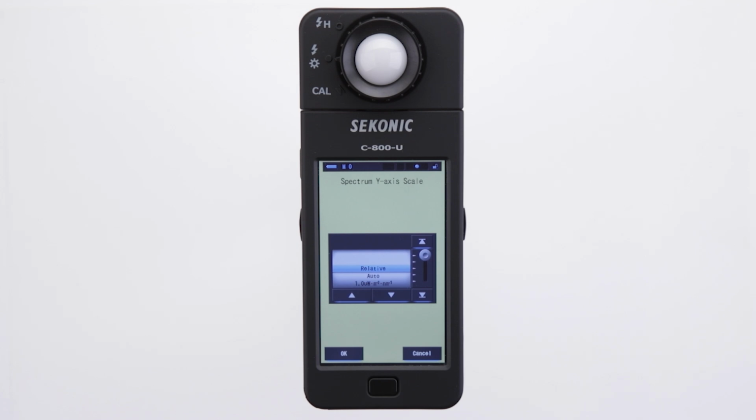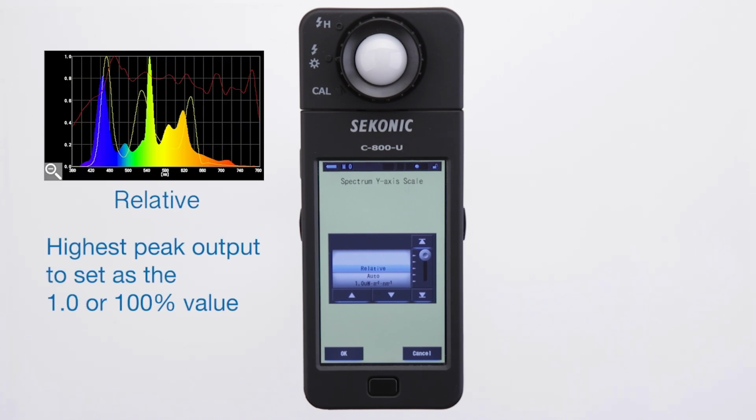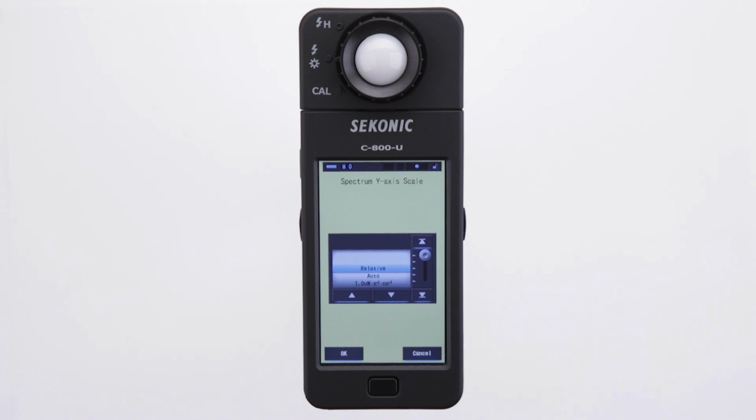Let's review our choices. Relative spectral distribution chooses the highest peak output to set as the 1.0 or 100% value and compares all other measurements' spectral readings according to the peak or 1.0 spectral distribution.